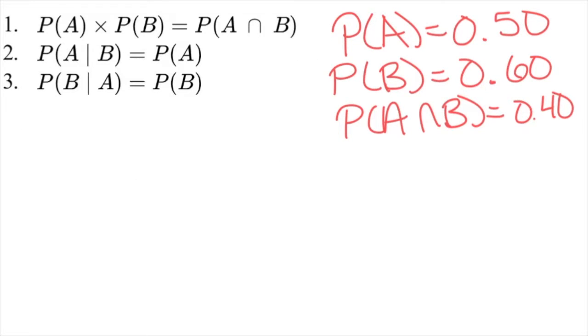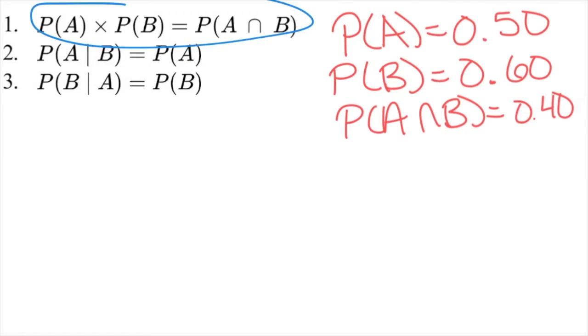So in this example, we're given the probability of A is 0.50. The probability of event B is 0.60, and the probability of A and B is 0.40. In this particular case, it's easiest if we use the first equation up here because we're given all of these values.